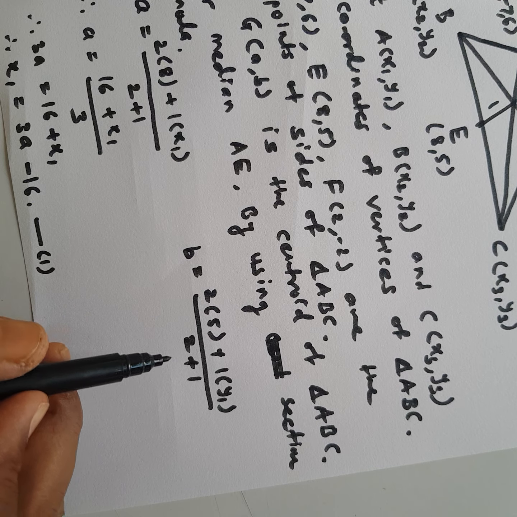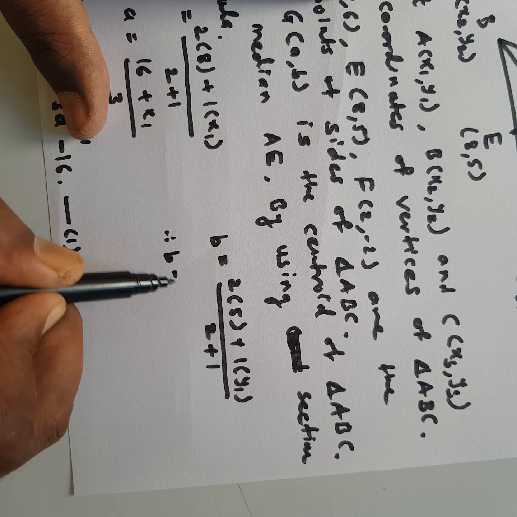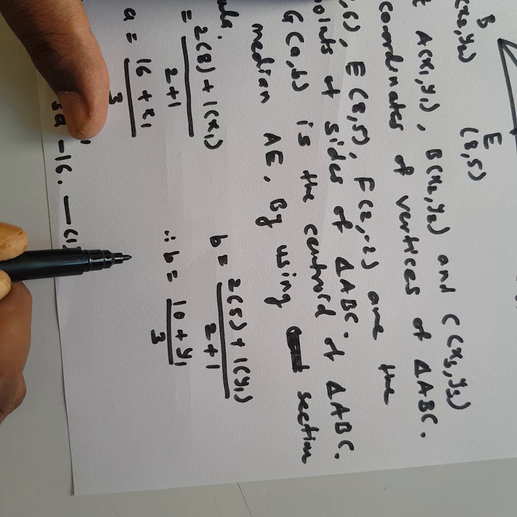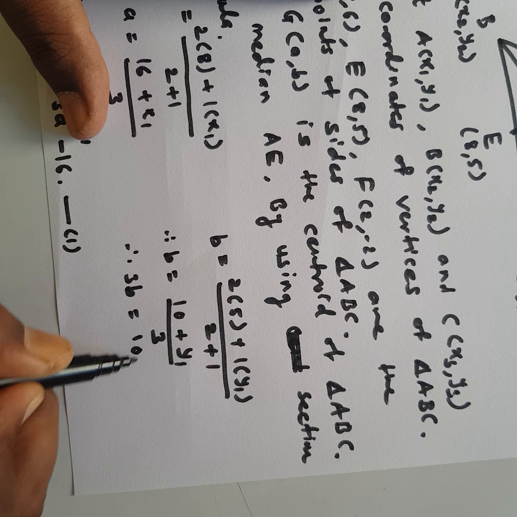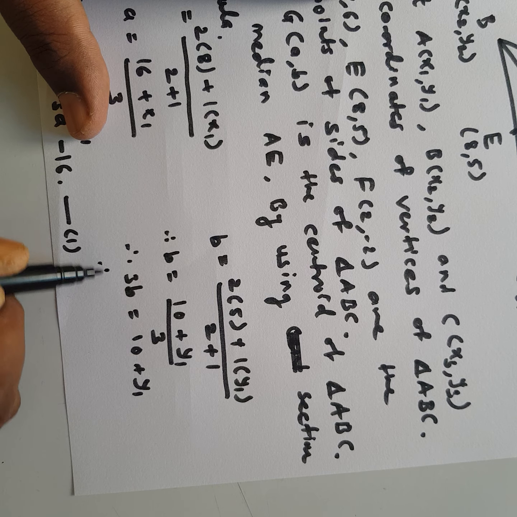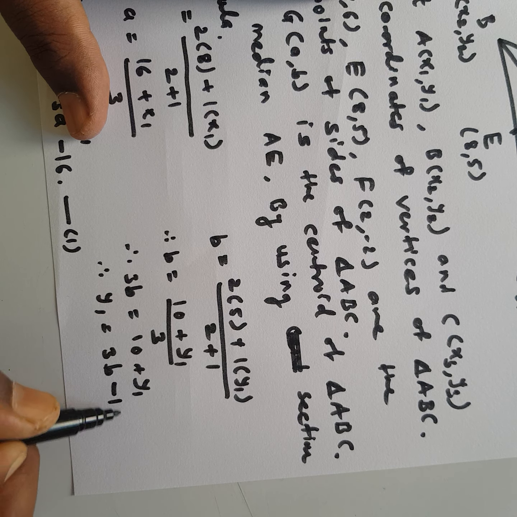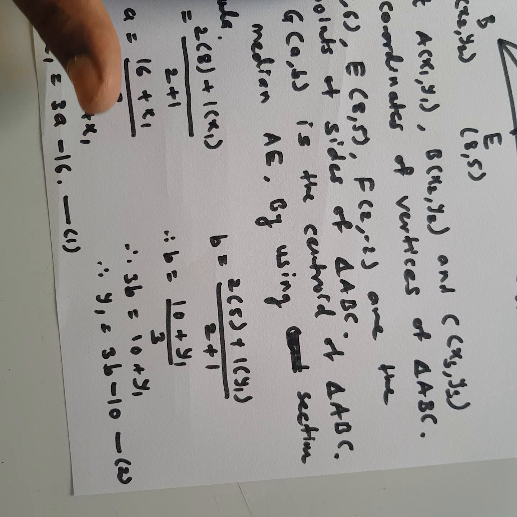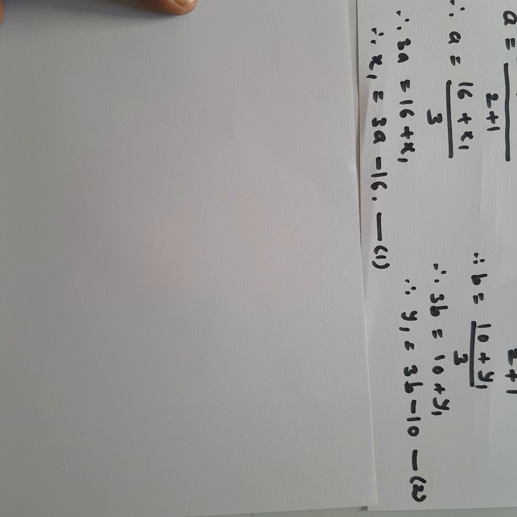Therefore, b is equal to (10 + y1) upon 3. Therefore, 3b is equal to 10 plus y1. Therefore, y1 is equal to 3b minus 10. It is the y coordinate of point A.